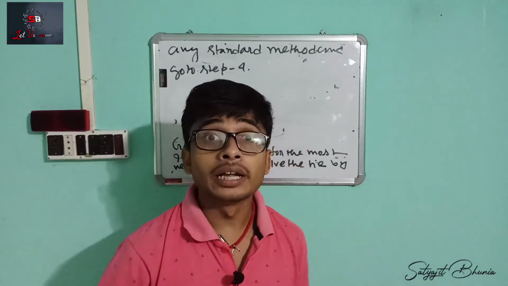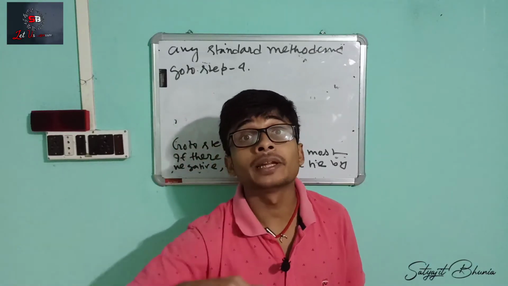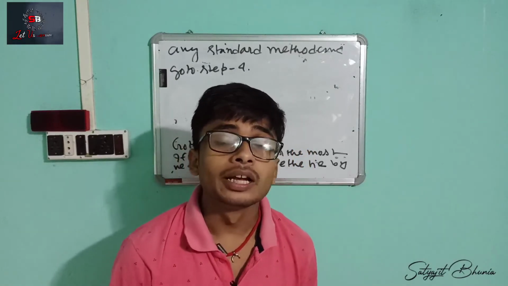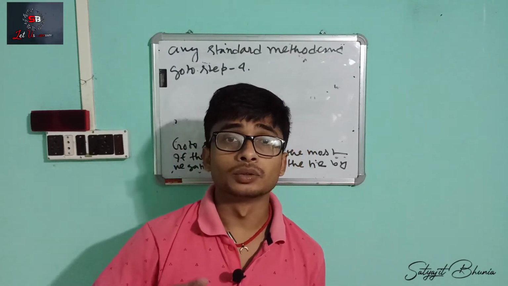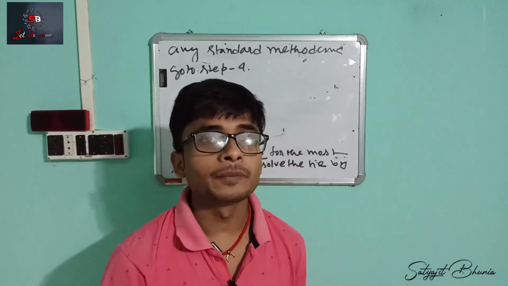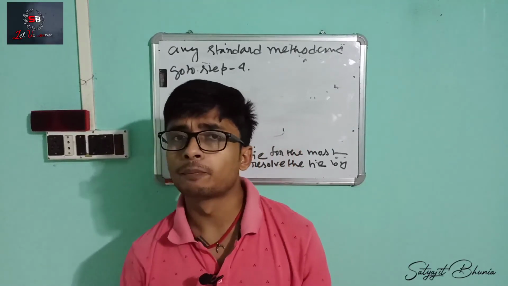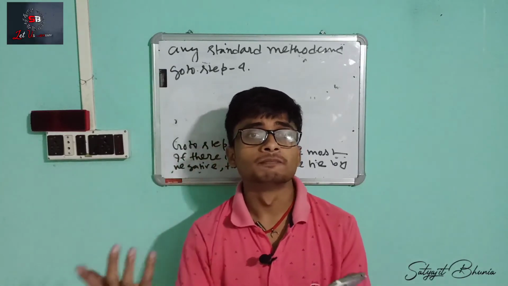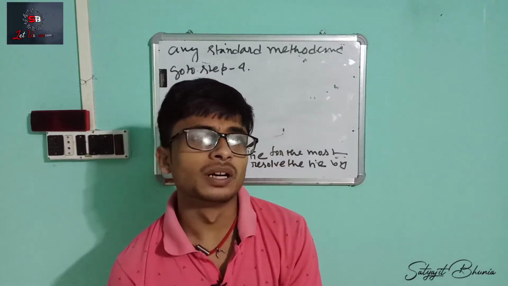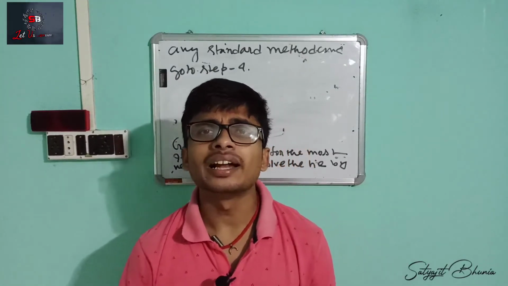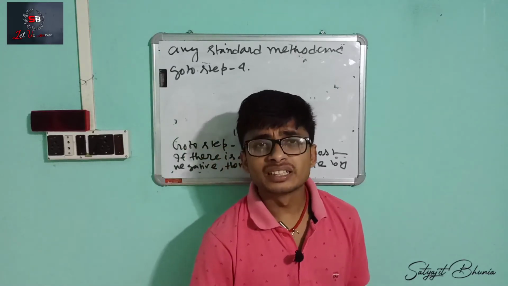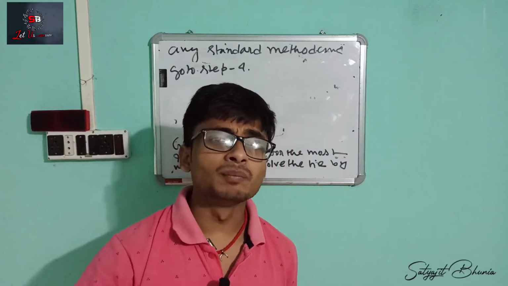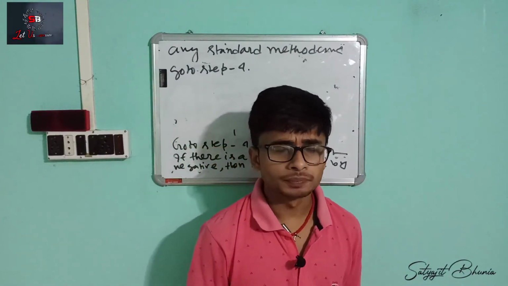If zk minus ck is the most negative, then xk will be the entering basis variable in the next step, and we will find yk cap and move to step 4. Or if there is a tie for the most negative net evaluation, we will resolve it by any standard method. Okay, and move to step 4.